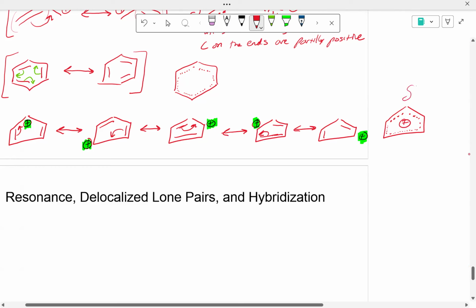We could draw them around the ring like this, but it's more convention, since every single carbon has had that plus charge, to draw it in the middle. That indicates that all the carbons are sharing that positive charge.